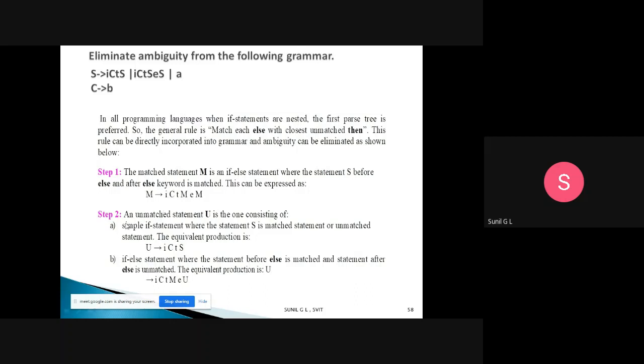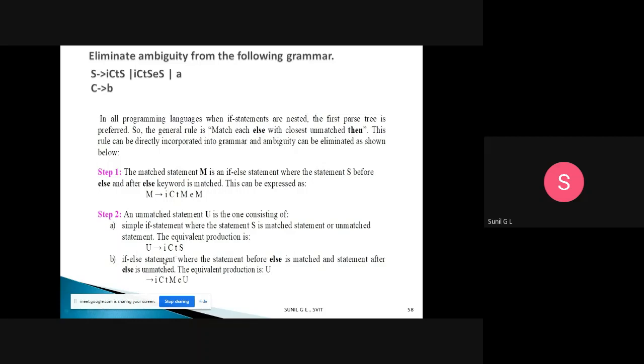The next one is the unmatched statement, represented using U. It consists of the simple if statement. A simple if statement you will take as an unmatched element. In a simple if statement, where the statement S is matched or unmatched, the equivalent production is that it may be either matched or unmatched.